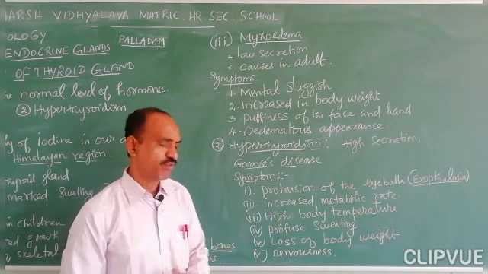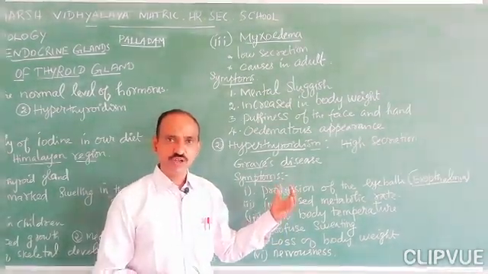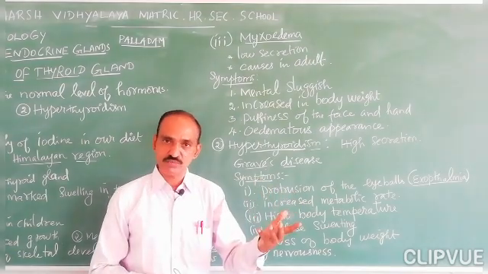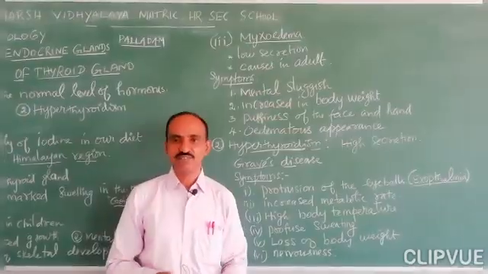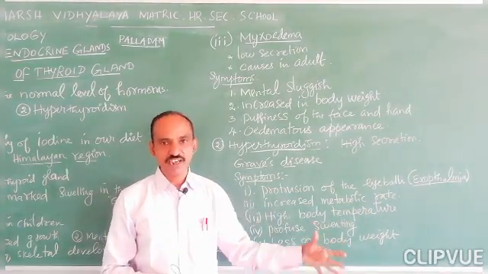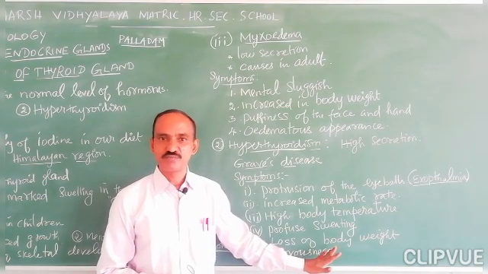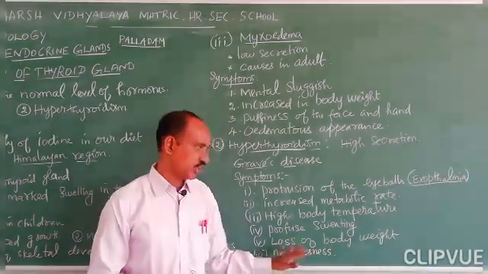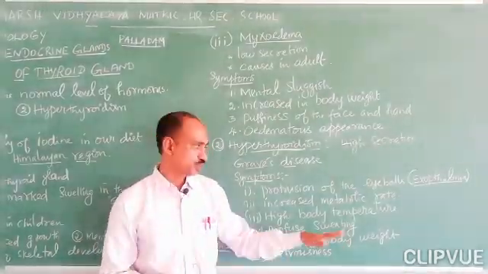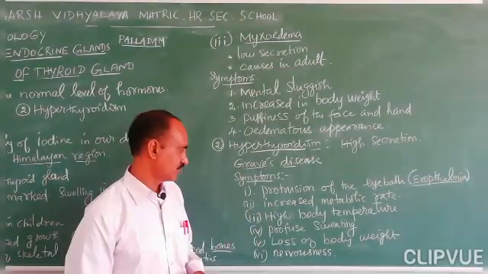Then fifth point, when this hormone amount is increased more than normal, then loss of body weight. Yes, metabolic rate is increased, then all the energy is consumed quickly, then the body weight is lost. Loss of body weight is due to excess secretion of thyroxine hormone.